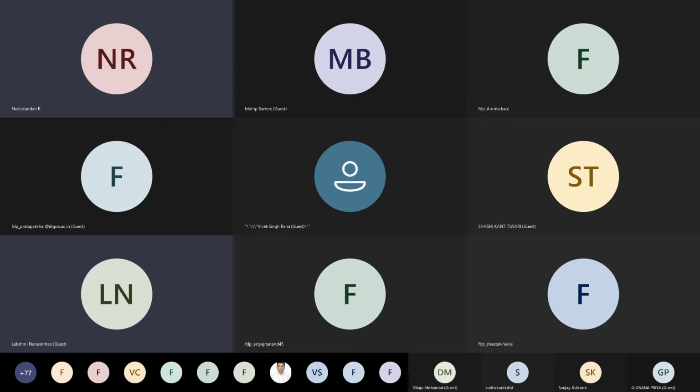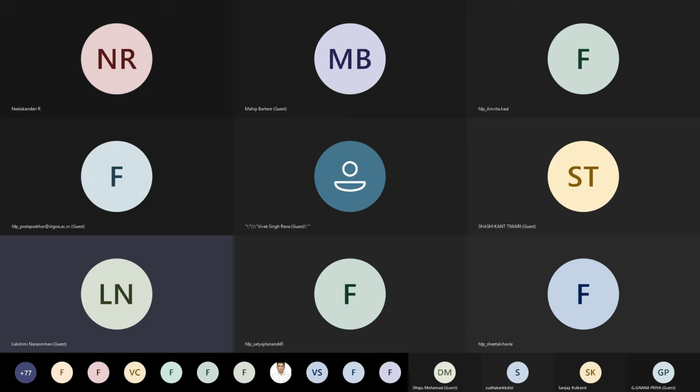Yeah, if you join through the browser, it creates this problem. Okay, I've tried everything that I can.